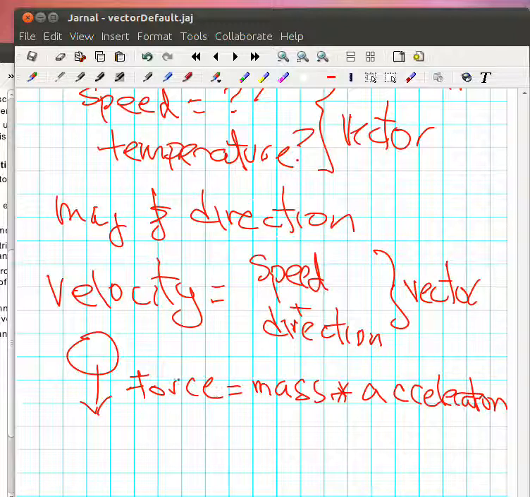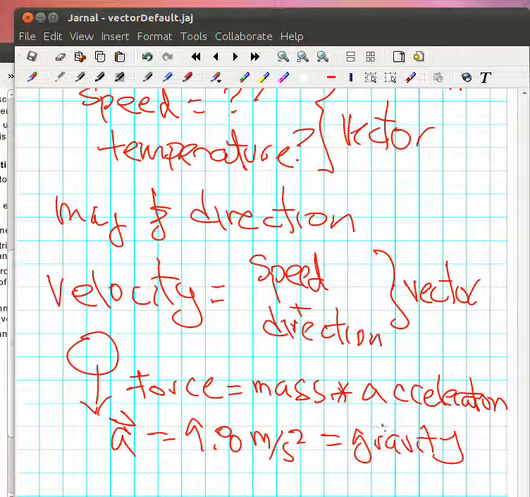This is also an example of a vector, because here we can see the force is pointing down. Down is the direction, because it's falling. And the acceleration is 9.8 meters per second squared. That's gravity, the acceleration of gravity. So we can see that it has a magnitude and a direction, and so force, because of acceleration, is also a vector.